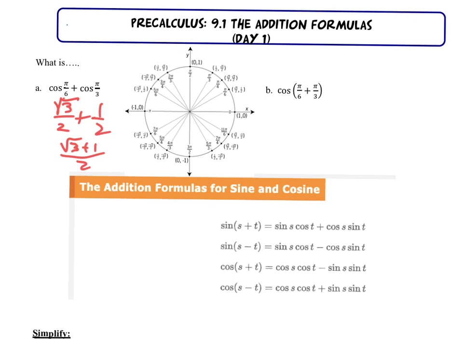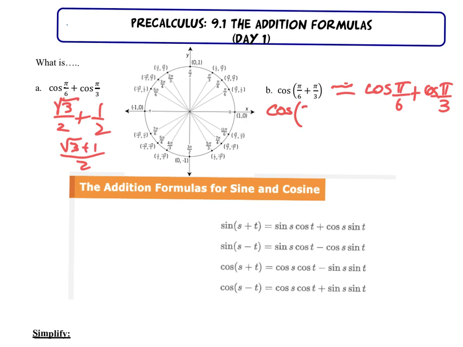Now, look over here. A lot of people think, without knowing, that this equals cosine of pi over 6 plus cosine pi over 3. But, as you know, we have to do parentheses first. So when we simplify the inside, you're going to get cosine of pi over 6 plus pi over 3.